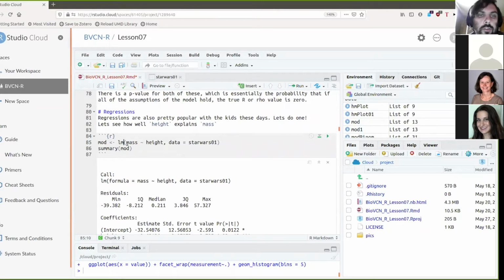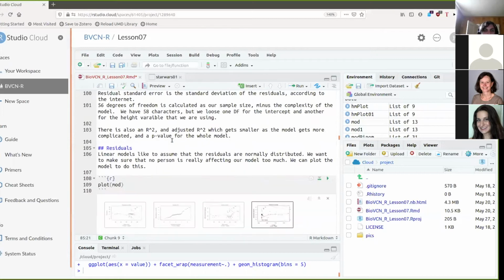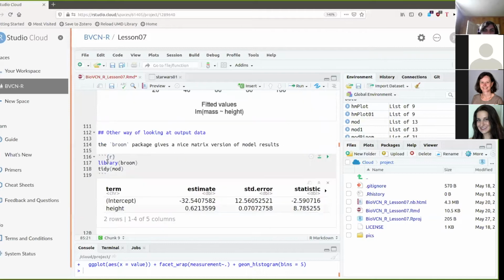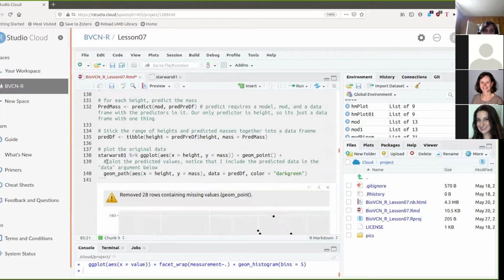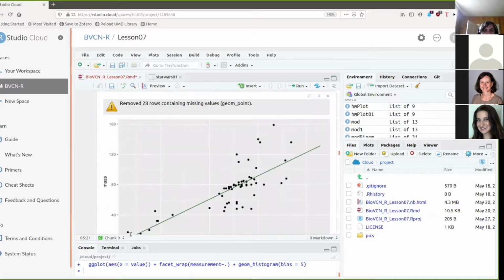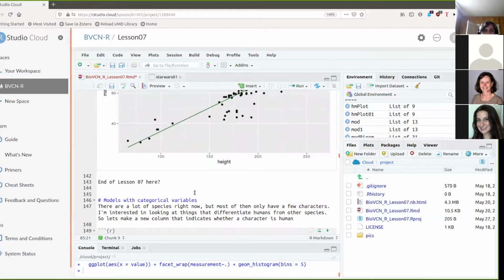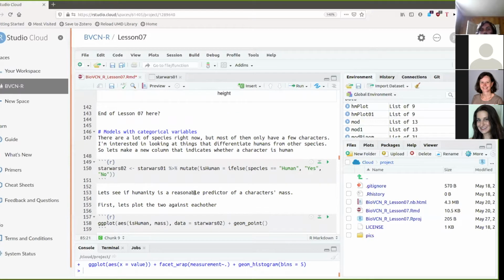We did a simple linear model where we compared mass and height, and we looked at the residuals of that model. And we plotted a line, the linear prediction between height and mass. And that was the end of the last lesson.